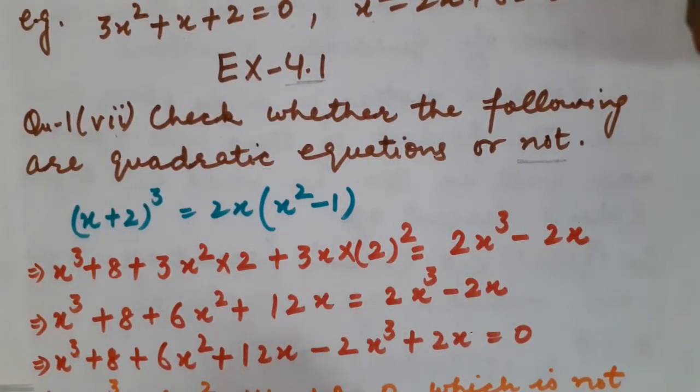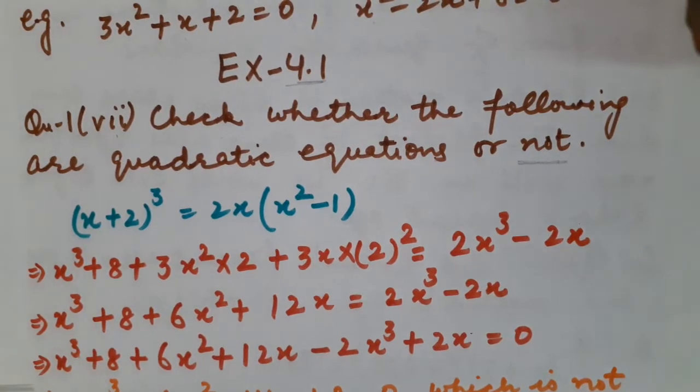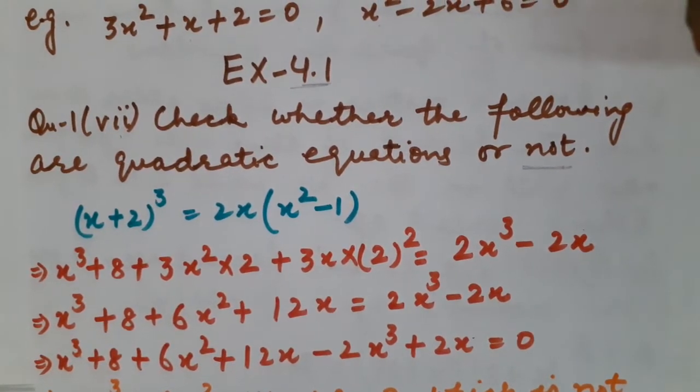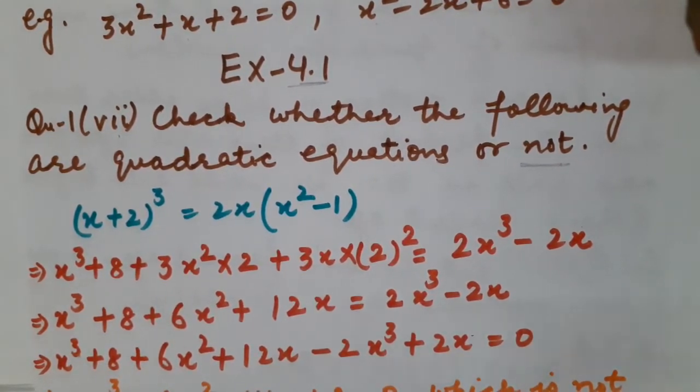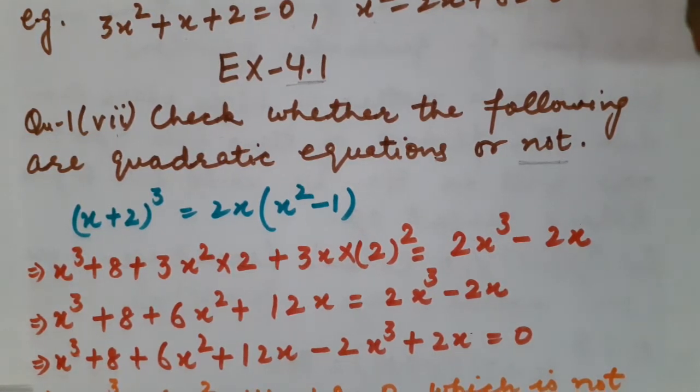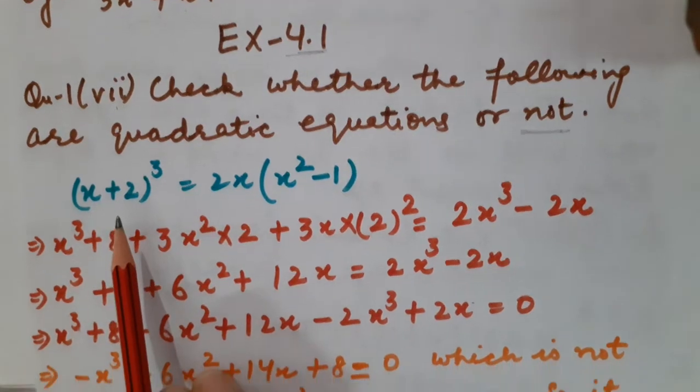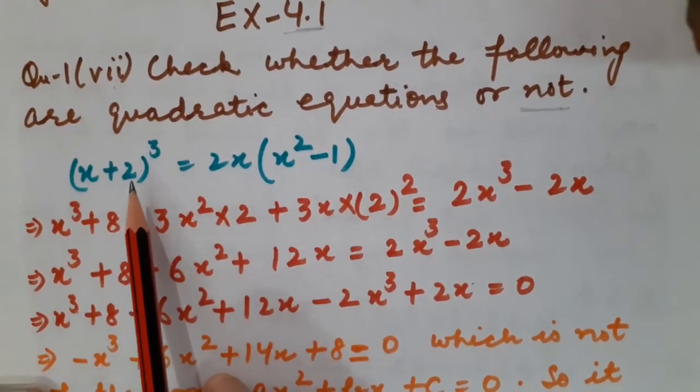As I have just told you, first of all we have to simplify the given equation. After that we have to compare it with the generalized form of a quadratic equation, that is ax square plus bx plus c is equal to 0, where a can never ever be equal to 0 and a, b and c are real numbers. Fine. So let us start solving this equation which is given.